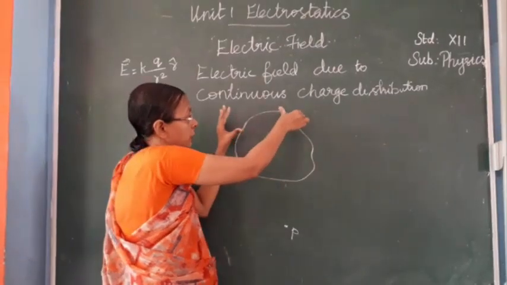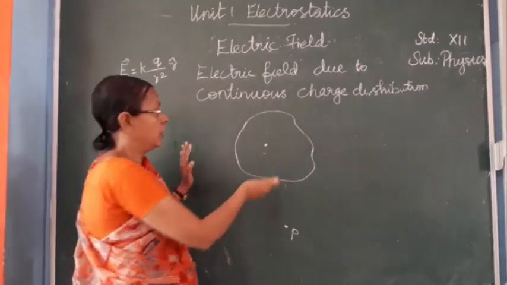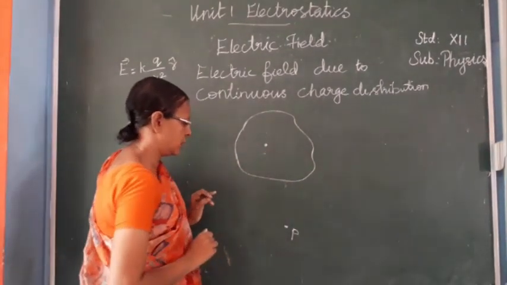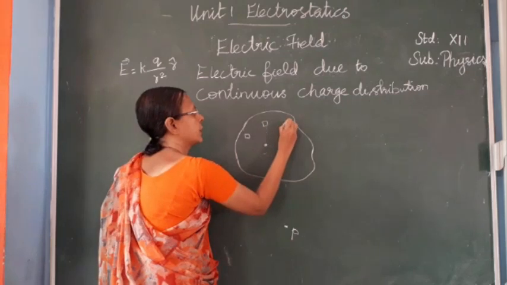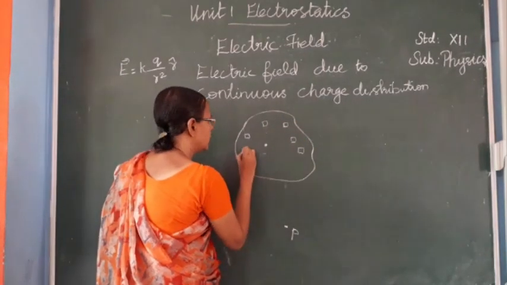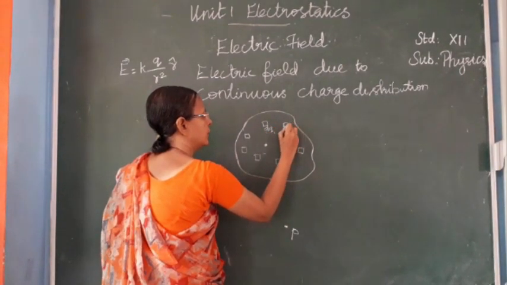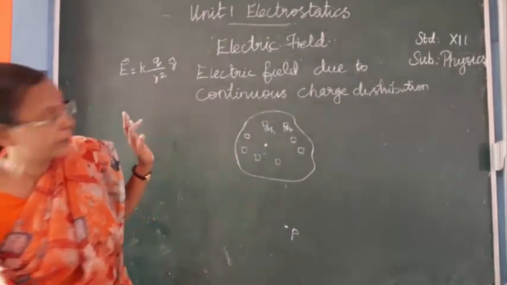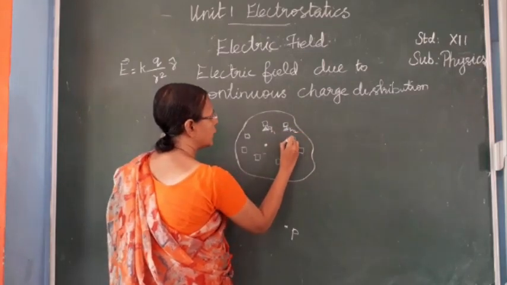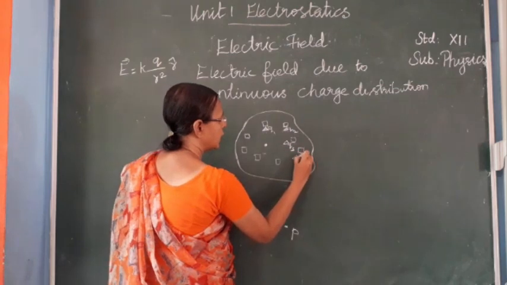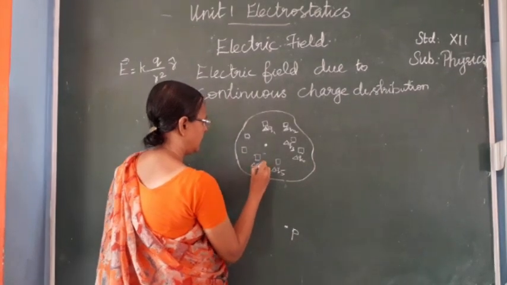We want to find out the whole charge's effect, but for calculating it, we can divide this charge into small charges: del q1, del q2, del q3, del q4, del q5, del q6, like this.